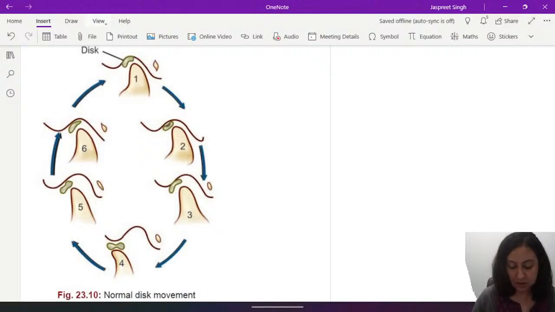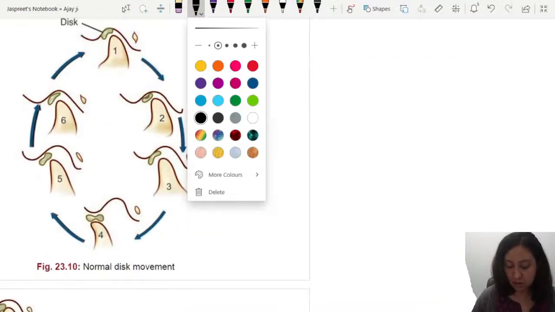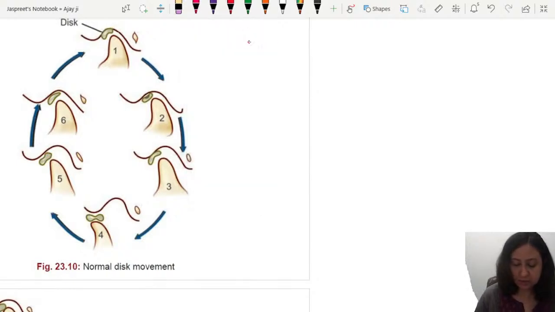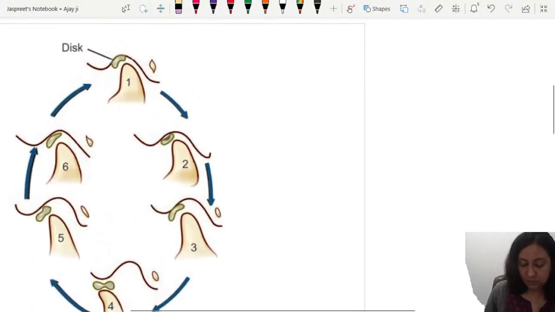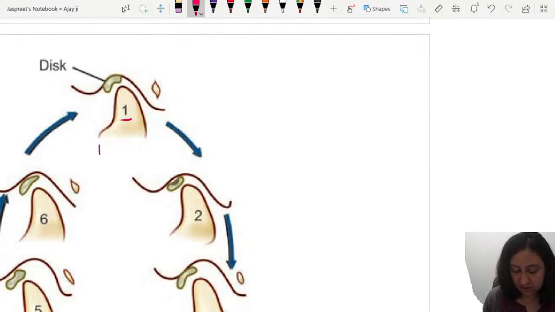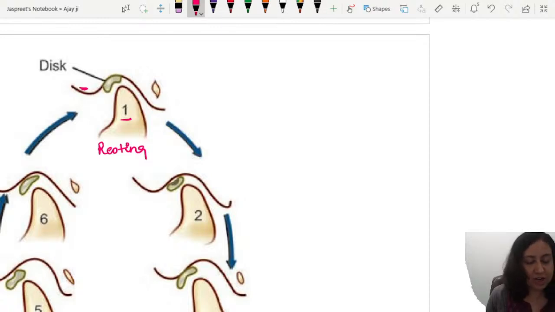Now let us see. I'm going to use a colored pen. This is figure 1. In figure 1, this is your resting phase. Here the joint is at rest. This is your articular eminence. This is the disc which is already marked.